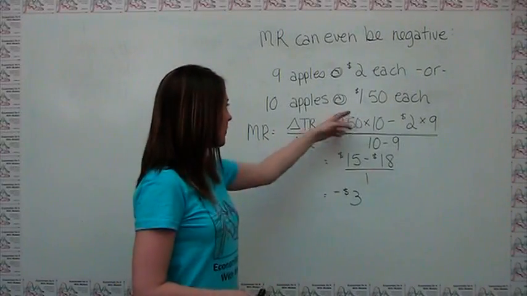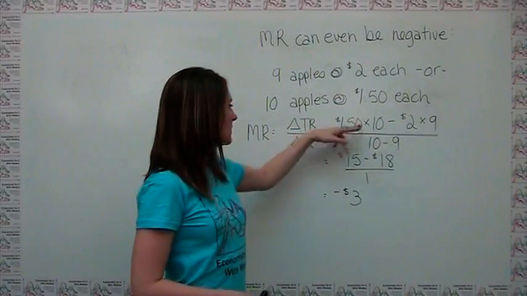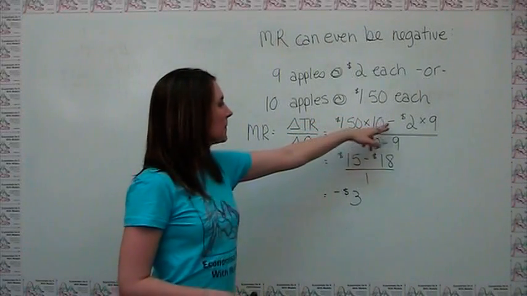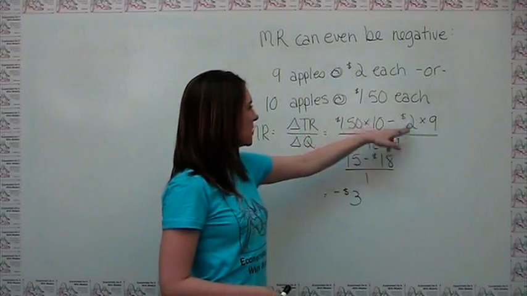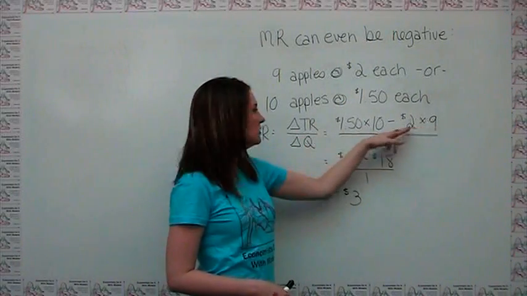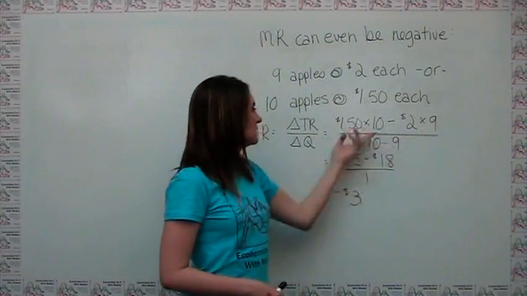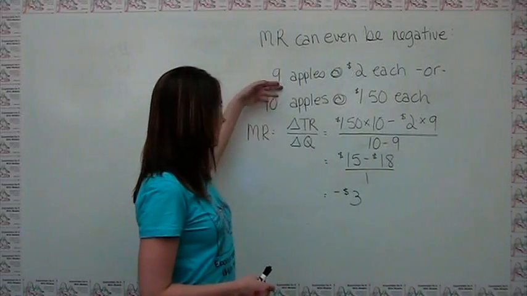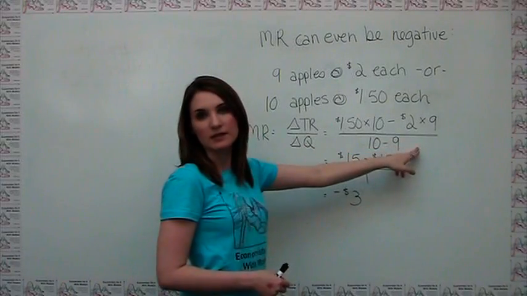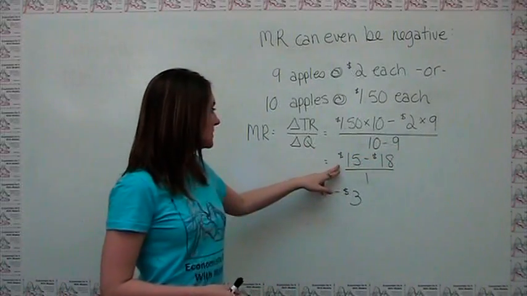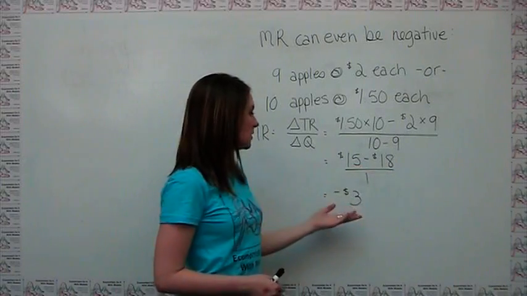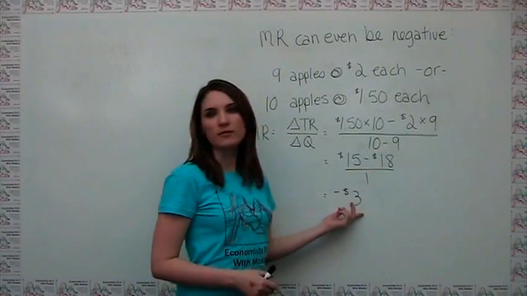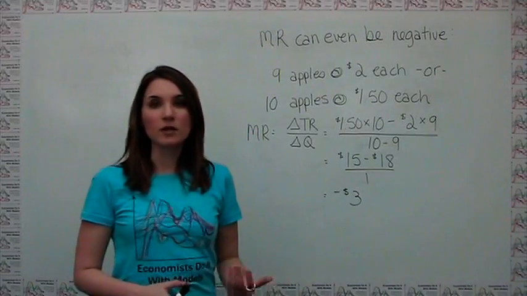So we have the price at the second option times the quantity at the second option, or $1.50 times 10, minus the price at the first option times the quantity at the first option, or $2 times 9, divided by the change in quantity, or just the second quantity minus the first quantity, 10 minus 9. We'll notice that this is $15 minus $18 divided by 1, giving us a marginal revenue of negative $3.